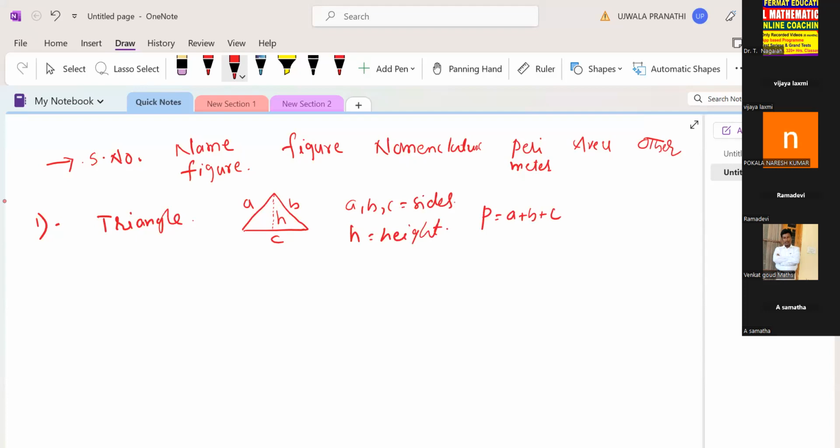Now area for a triangle is delta equal to half into base into height.